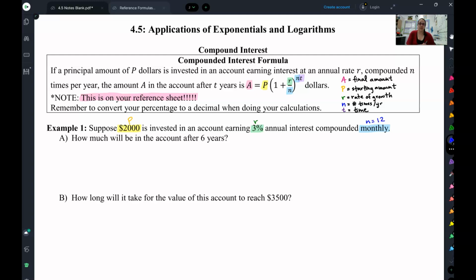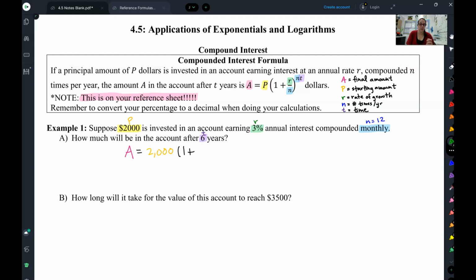So hopefully that makes sense, reading through the problem and highlighting what each number means. So then it's pretty quick and easy to just plug them into the equation. So if we look at A, it says how much will be in the account after 6 years. Well, that's definitely a time because it's years. So let's plug all of these into our equation, where they're supposed to go, and see what we get. So we have 2,000 is our P. Parentheses, 1 plus R. This is given to us as a percentage, but we always want to write R as a decimal.